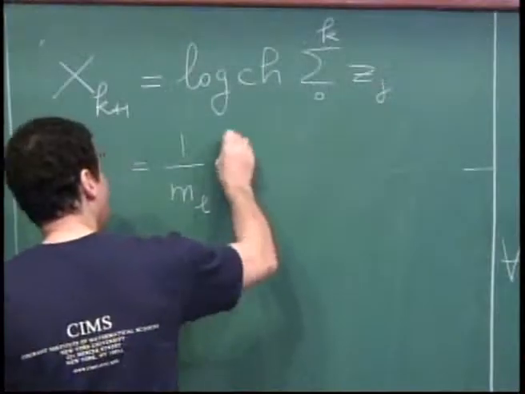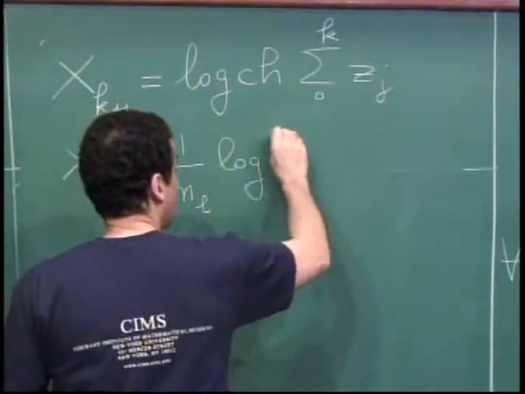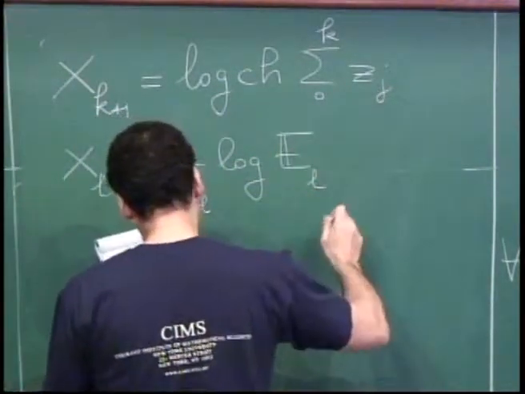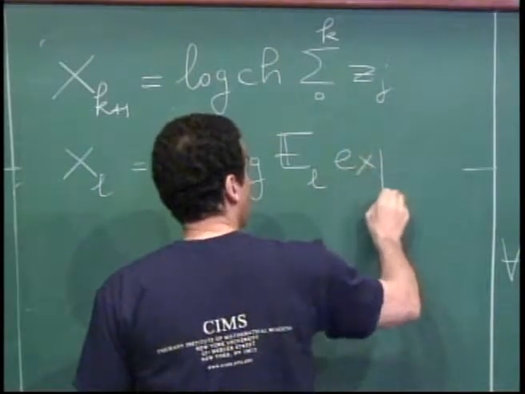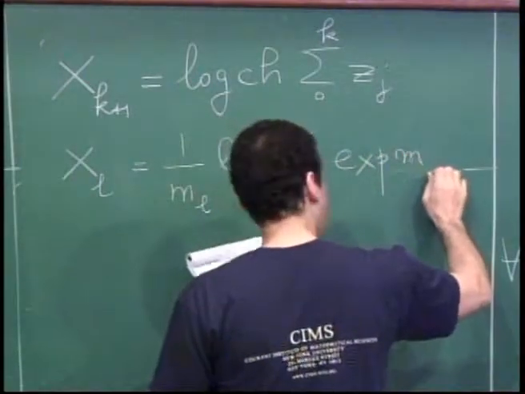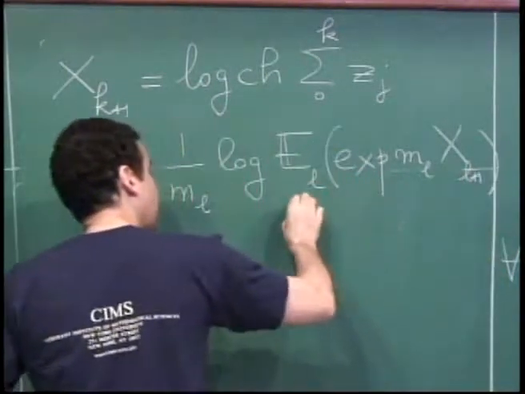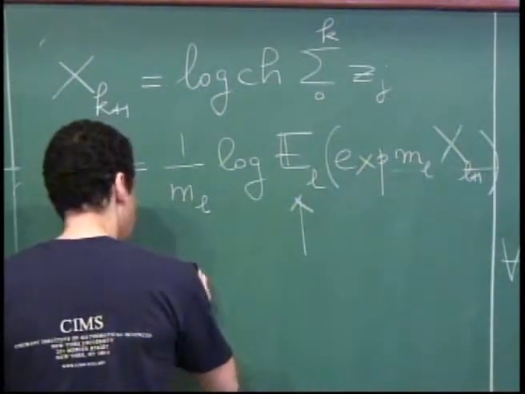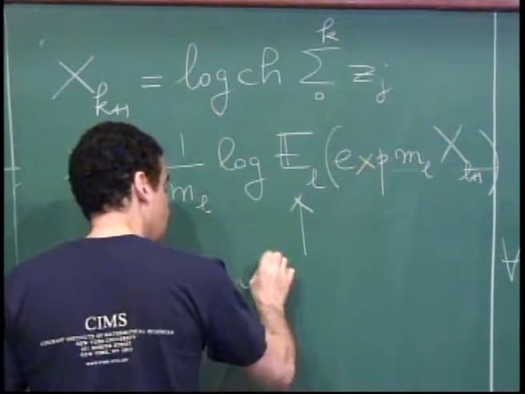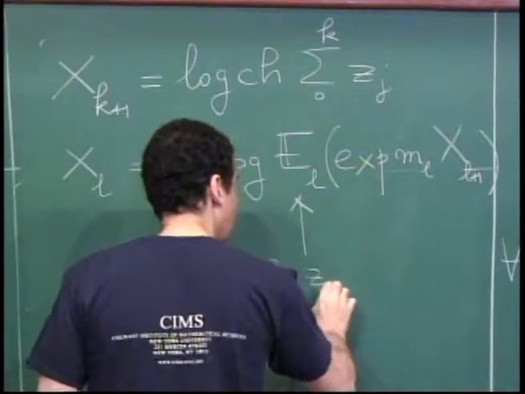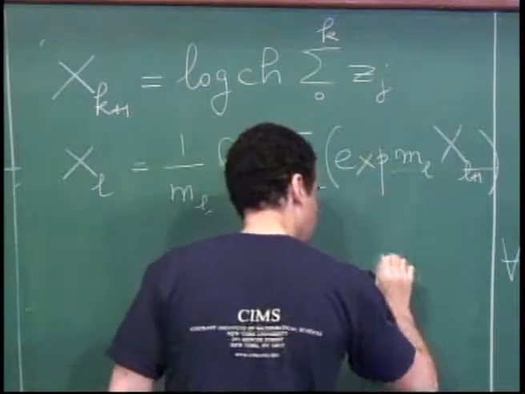It's 1 over m_l log of expectation, let's say index l, of exponential of m_l x_{l+1}. This expectation means expectation on the z_{l+1} random variable.